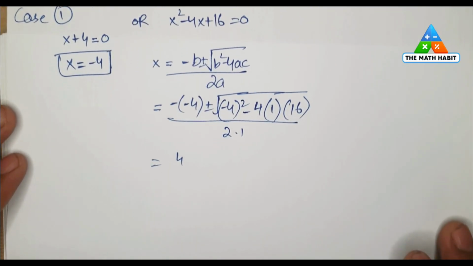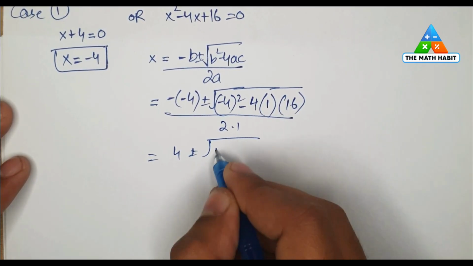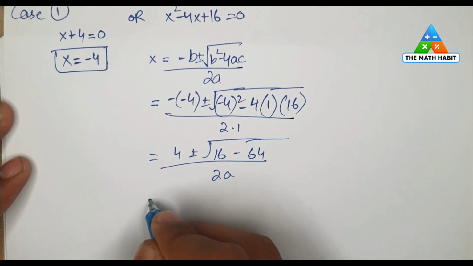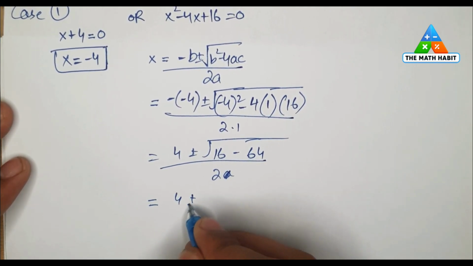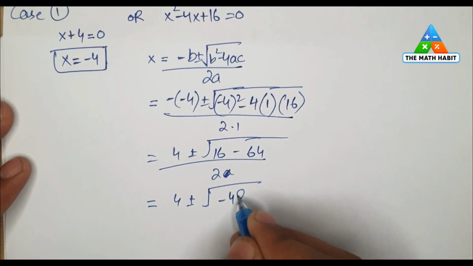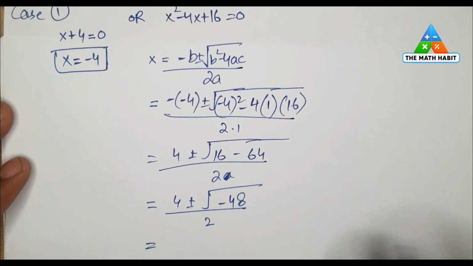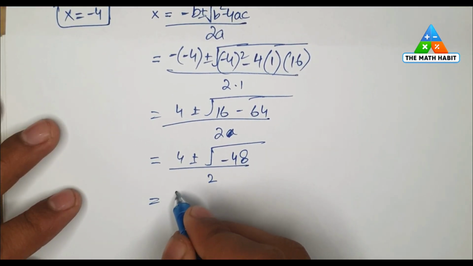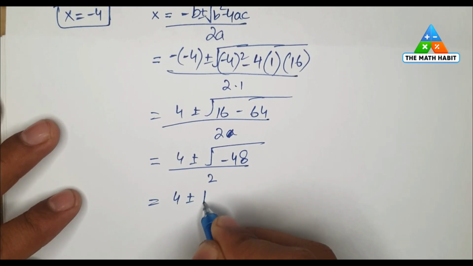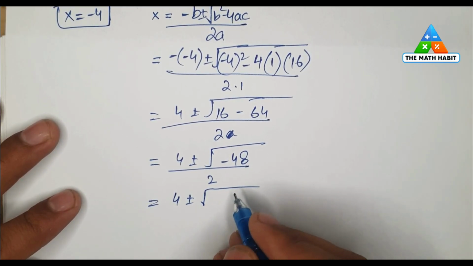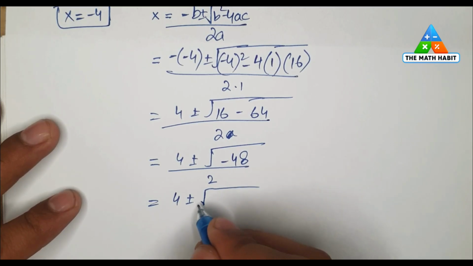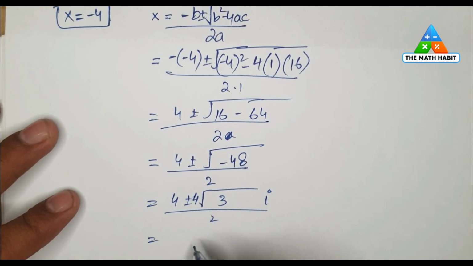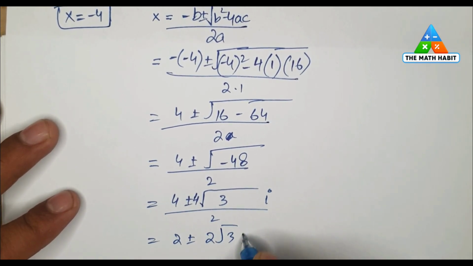So it is 4 plus minus square root of 16 minus 4 into 16, which is 64, divided by 2. That is 4 plus minus square root of 48 divided by 2, and if we separate the fraction, then we'll get 2 plus minus 2 under root 3 iota.